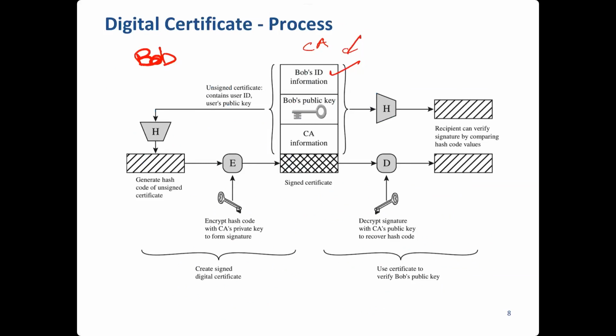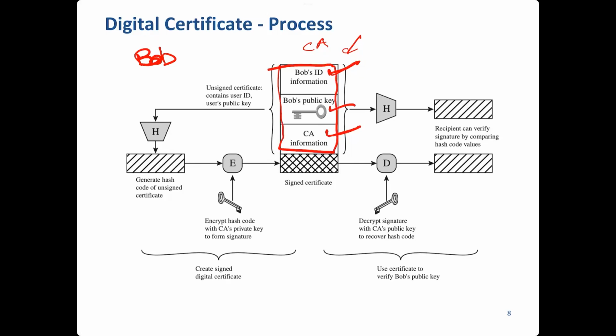What will he do? He, or a machine, will look at all these things like Bob's ID and Bob's public key, and he will put his own information, his ID or whatever, and this becomes part of the certificate.